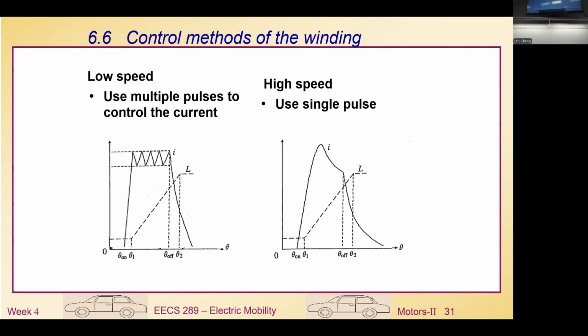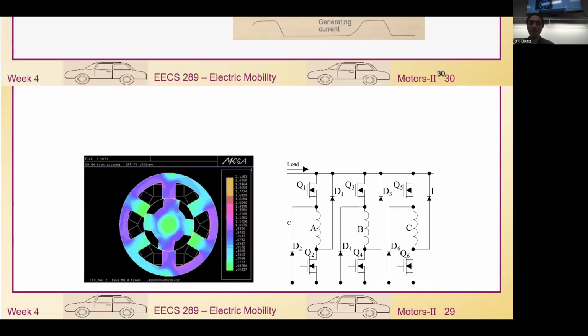For instance, if I want to overtake a vehicle, we quickly inject more current. And how are we going to inject more current? So we have our so-called current profile. We use the transistor here, turning on and off, to control how the current goes into the winding. So what is happening here will be like that.